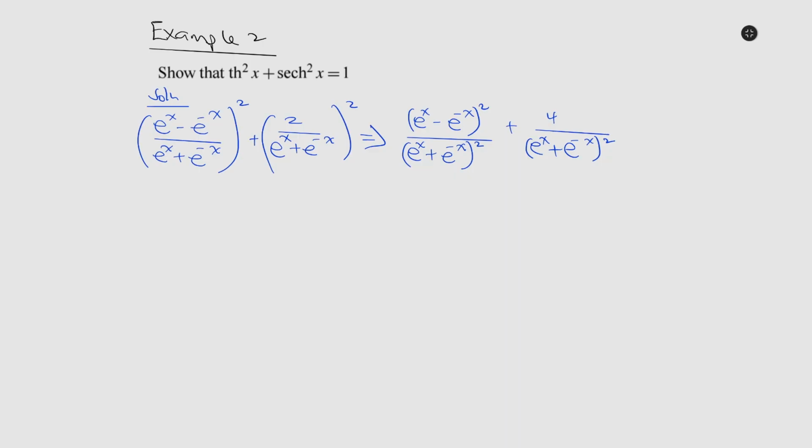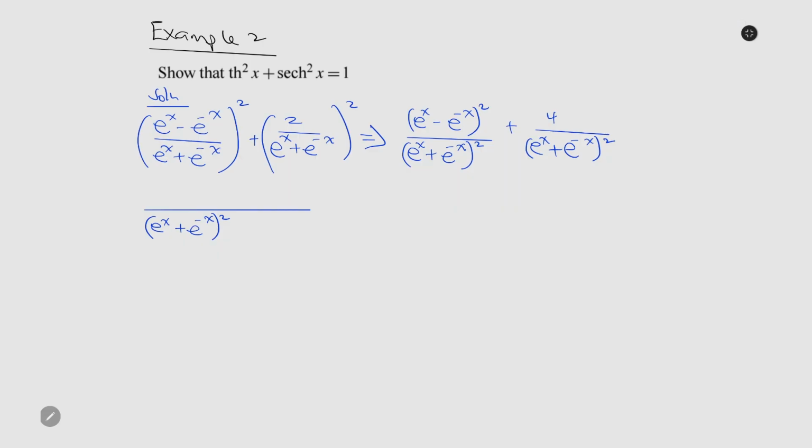Okay, so if you find the LCM, we will have, or maybe let's just expand everything. Let's just go the long route. I've changed my mind. Let's find the LCM. We'll save time. So I have e^x plus e^(-x) squared.